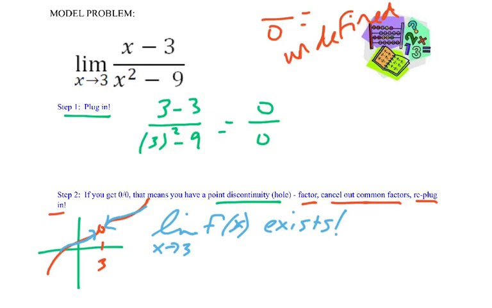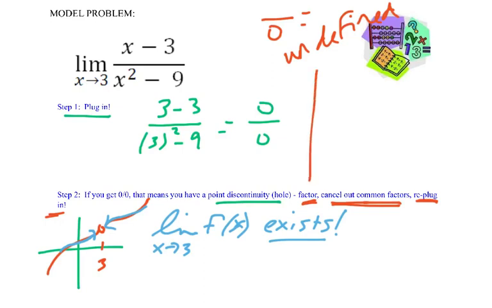They're both approaching the same y value. Therefore, the limit exists. Therefore, it's possible for me to find out what that value is. So that's why we're going to go along with the steps of factor, cancel out the common factors, and then replug in. So what is that going to look like?